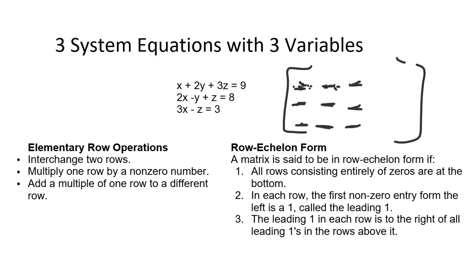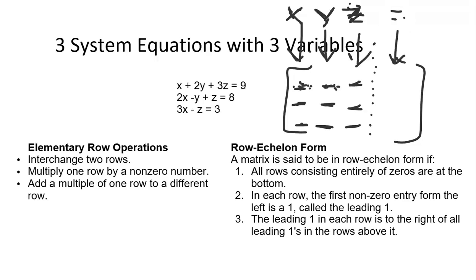Now the only difference with our row echelon form, obviously we're going to have our x column, our y column, and our z column. And then in our row echelon form we also have what we call our solution column, and I'm just going to call that my equals column, because this is what each of these rows is going to be equal to. And we'll see how to set that up in the next slide as well.